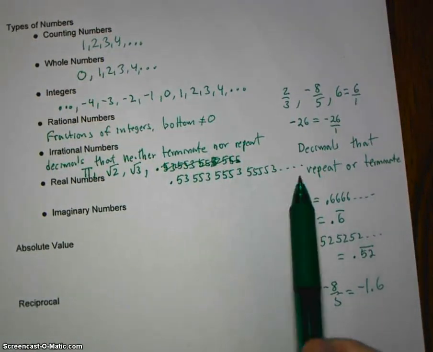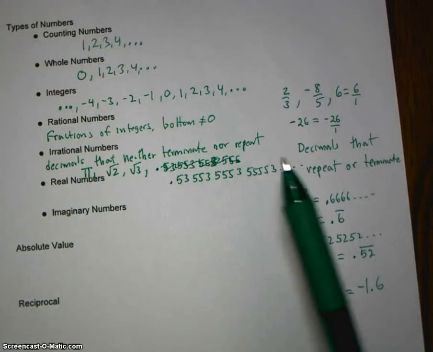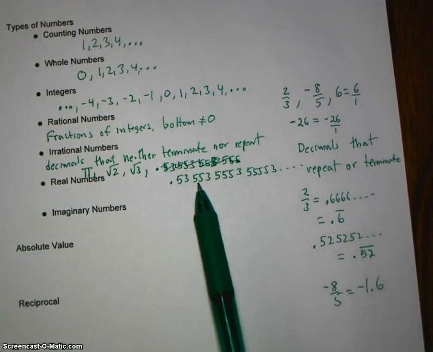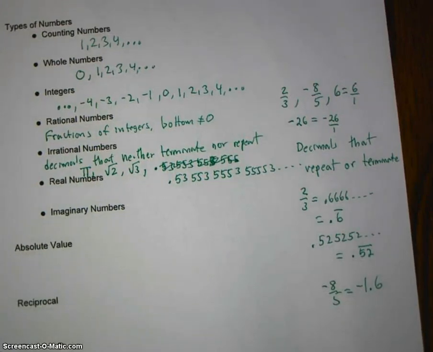But you can see, because I put dot, dot, dot, it never ends. And by following the pattern, it's not repeating because each time I'm adding one extra 5. So there's an irrational number that has a pattern to it, but certainly fits the category that it's not terminating and it's not repeating.